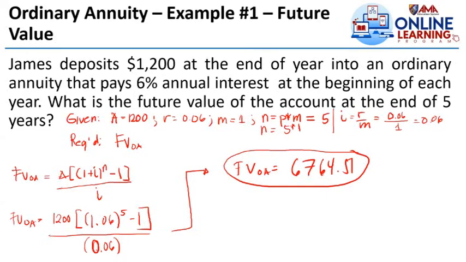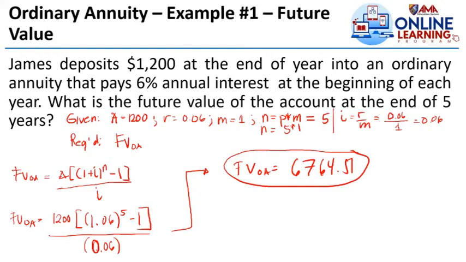So yung formula for future value of ordinary annuity. So yun yung required. Kasi nga, what is the future value? So obviously, FVOA ang kukunin. So yung formula for FVOA, future value of ordinary annuity, is equals to A times the quantity of 1 plus I raised to N minus 1 all over I. Then FVOA is equals to 1,200 times the quantity of 1.06. So sinimplify lang natin, no?